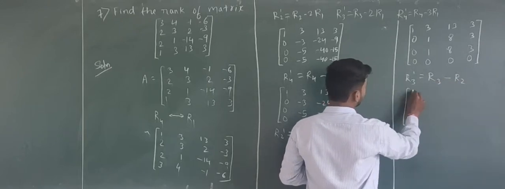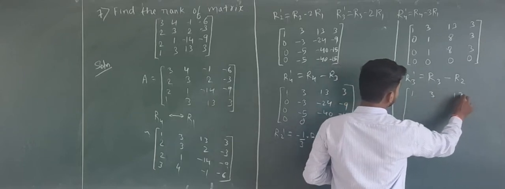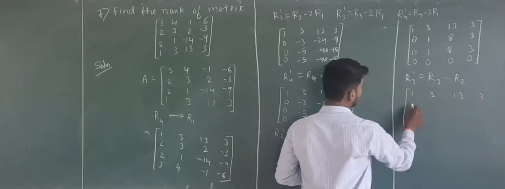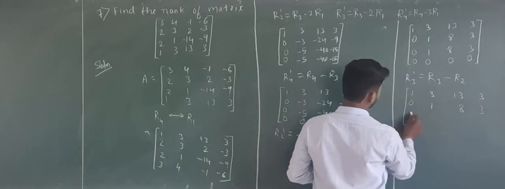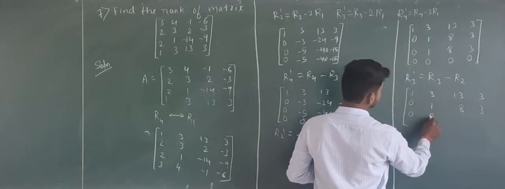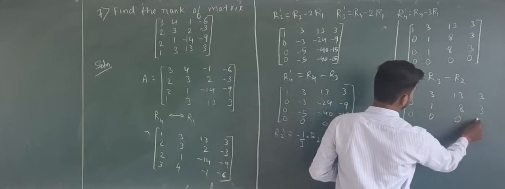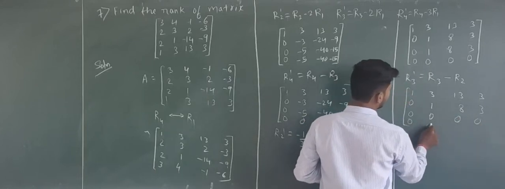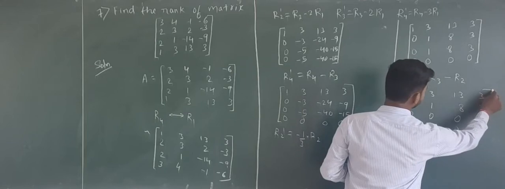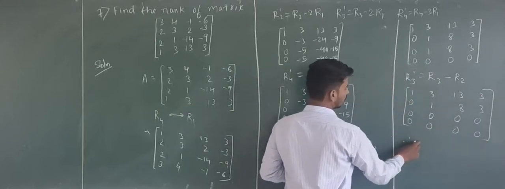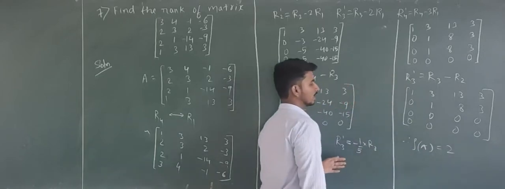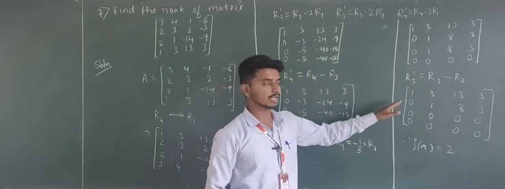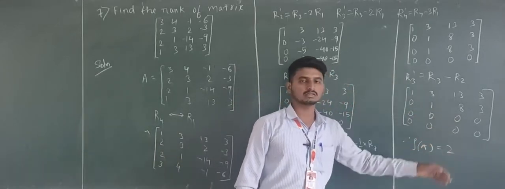So now 1 3 13 3, 0 1 8 3, 1 minus 1 0, 8 minus 8 0, 3 minus 3 0, and the remaining terms are 0. Therefore the rank of the matrix will be 2, because here the number of non-zero rows is only 2 and the remaining are the 0 rows.